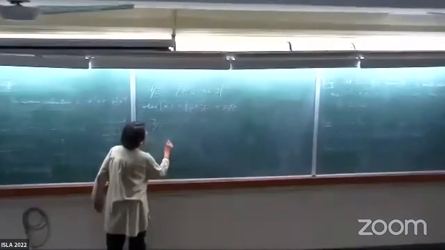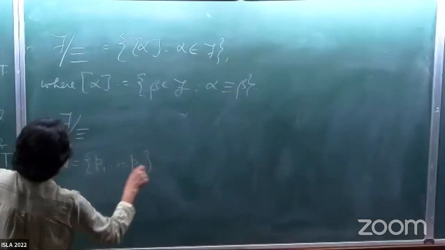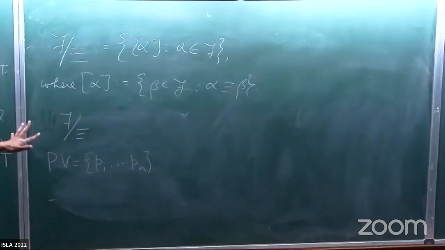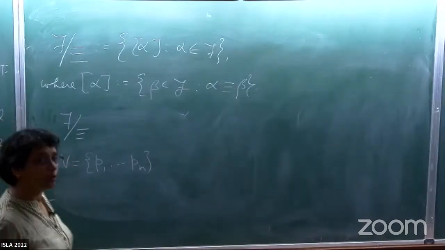Now suppose I look at the other scenario. In general you have infiniteness in the picture, but suppose I restrict myself to a finite set of propositional variables. Then what happens to my quotient set?